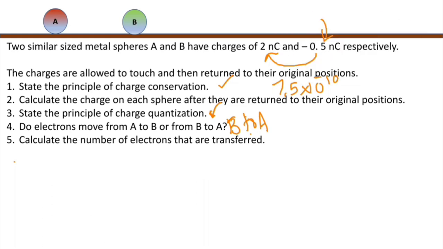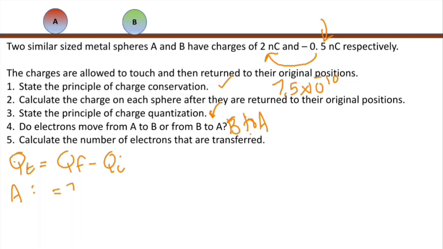So we need the charge that is transferred. It's going to be the final charge minus the initial charge. Now here we can use either one of them. We should get the same amount of charge. For example, if I use A, what is the final charge of A?